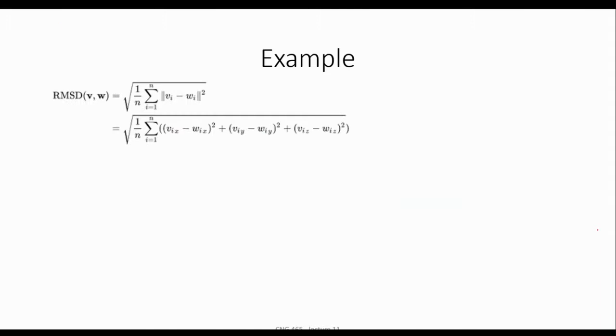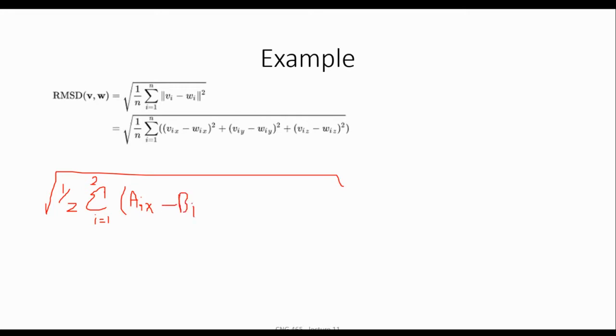So let me show you on this one. From the beginning, 1 over 2, I will have i from 1 to 2. I will have A_i x minus B_i x power 2. I will put another parenthesis here so that you understand this is related to this summation.